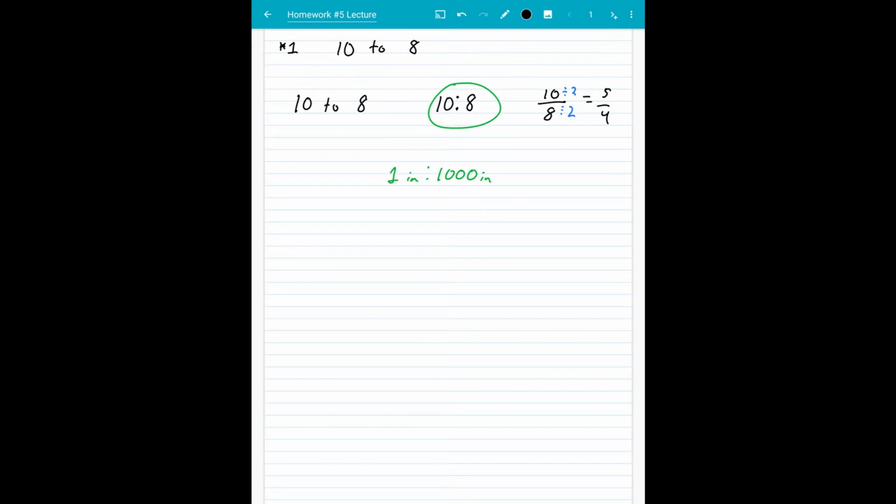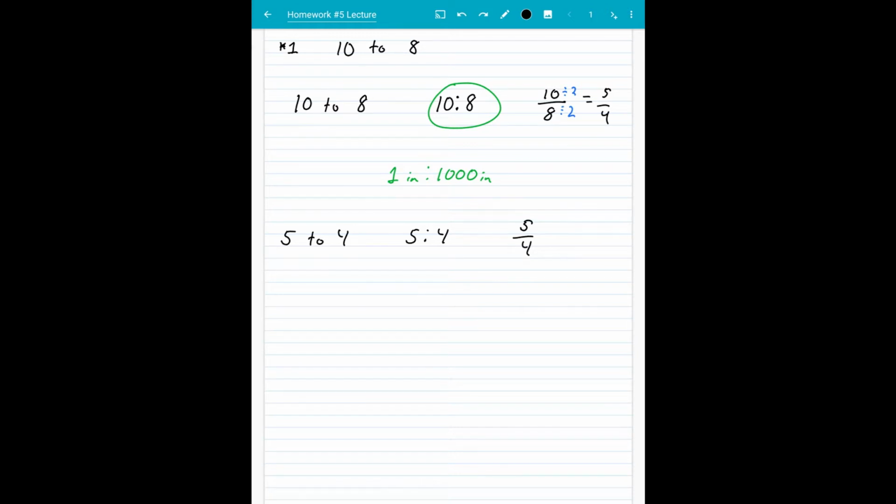So this ratio simplifies to 5 to 4, 5:4, or 5 over 4. They all mean the same thing. For your answer in MyMathLab, I want you to type it in like this, but any of these answers would be correct.